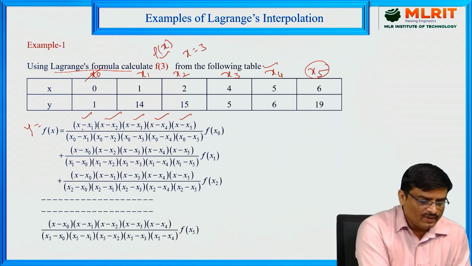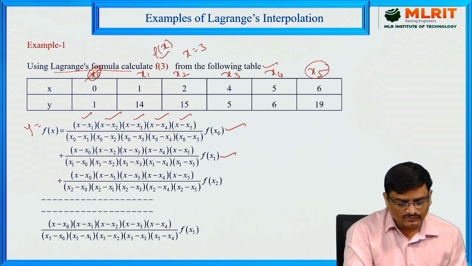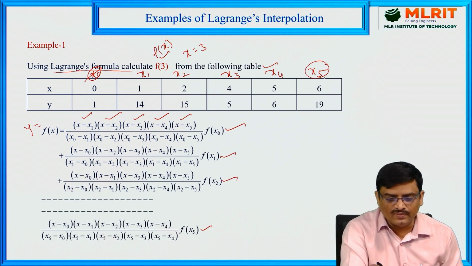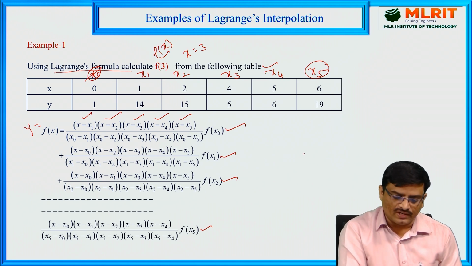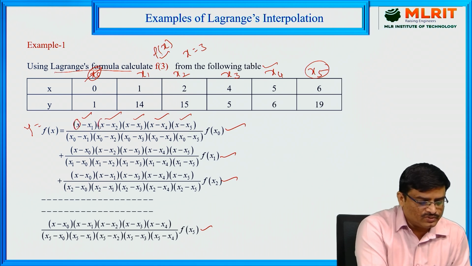And similarly, take the same numerator and in the denominator replace x with x0. So like this, take the formula. So we have to take up to f of x5 because we have values of x up to x5. So now one by one, in each term you substitute the value of x here.